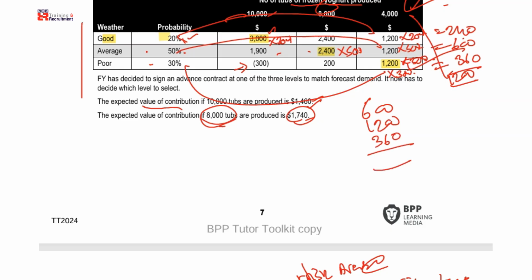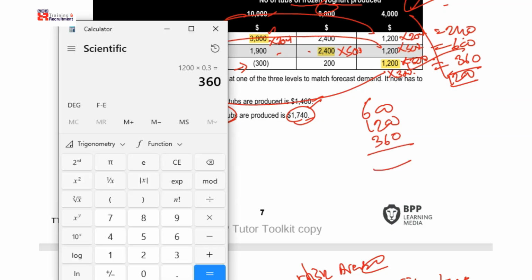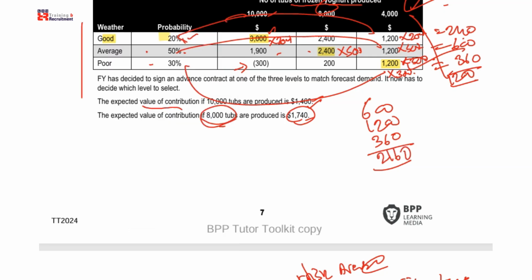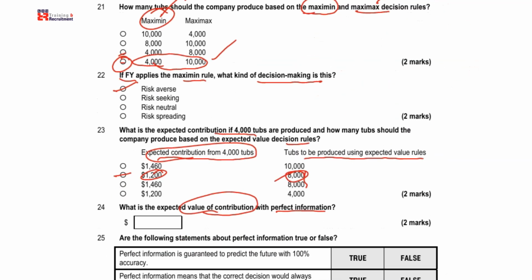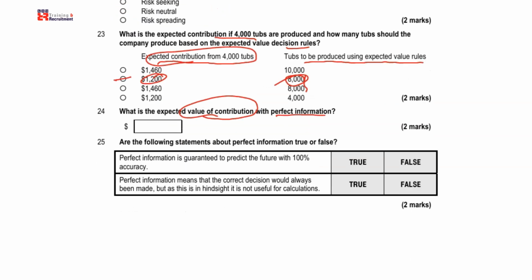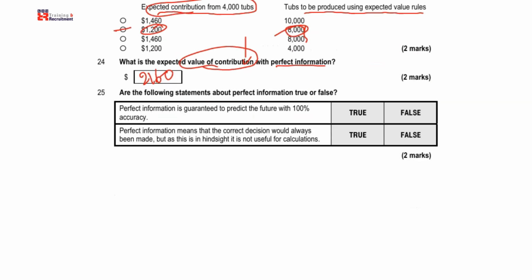Add up together. That's your expected contribution. Plus 1,200 plus 600, 2,160. Do we have that, or do we need to put it in? 2,160, we need to put it in. Expected value of contribution. If we have the perfect information, we will be producing at that level. Our expected contribution will be this.